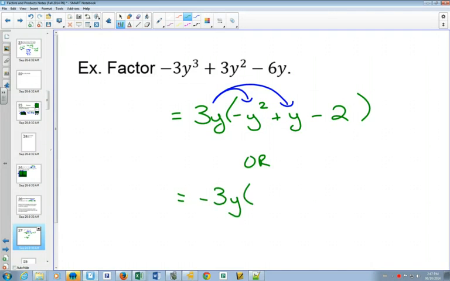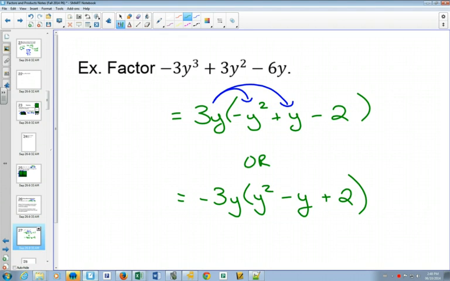Of course, if I took out the -3, then the first one would just be positive y squared instead of negative y squared. The second term would be a negative y instead of a positive y. And finally, we would get a +2 instead of a -2. And both of those would be right. You could choose whichever one you wanted if it asked you just to factor.